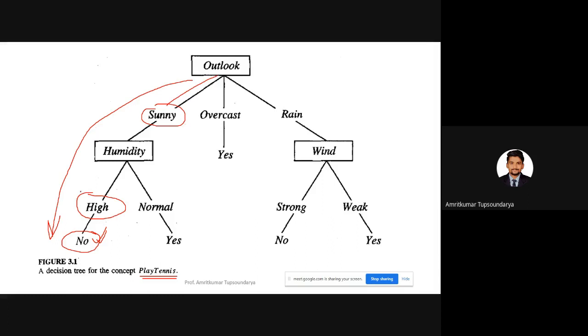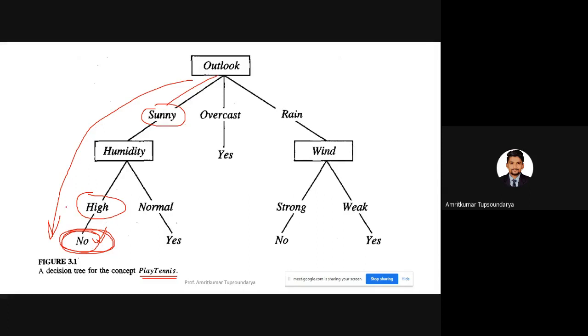So that's why we can say that for this instance, where outlook is sunny, temperature is hot, humidity is high and wind is strong, it would be sorted down to the leftmost branch of this particular decision tree, and it can be classified as negative. Since the classification is no, we cannot play tennis for these conditions.